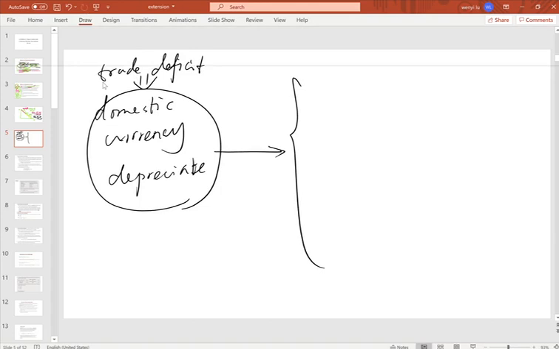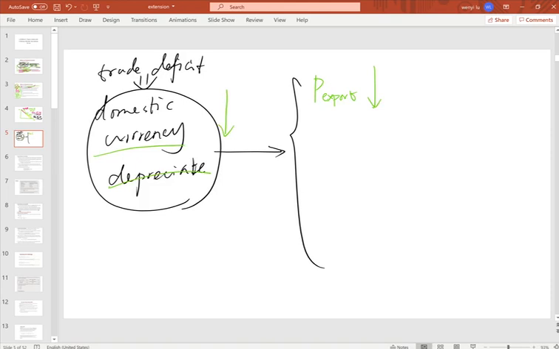You can see here, the price of exports should be what? Should be going down. The currency depreciates, so the price is going down. If the price goes down, what happens?